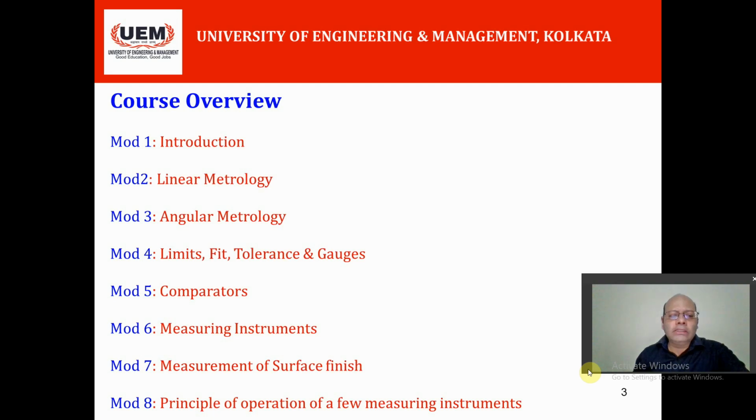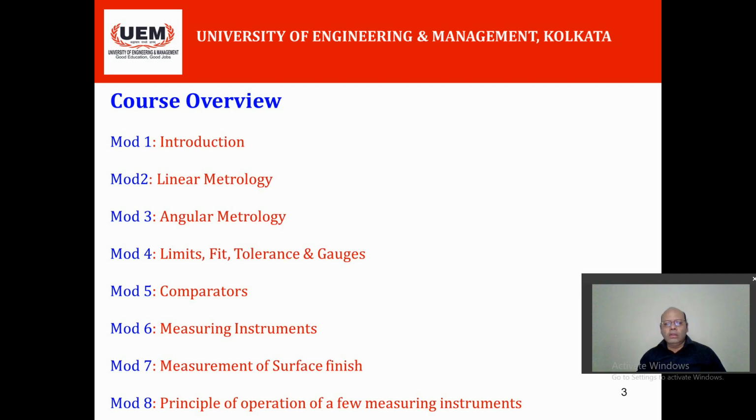Next, I shall discuss comparators in module 5. Measurement is basically a comparison process, which I will discuss later, and in that case the comparator plays an important role in checking the dimension. That means the comparator checks whether there is a deviation of our workpiece from the master one.